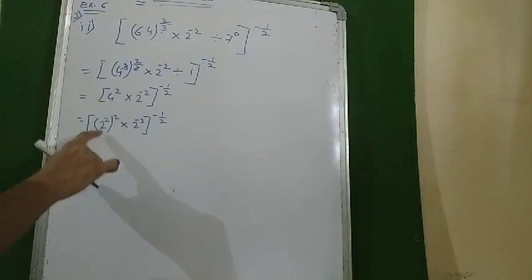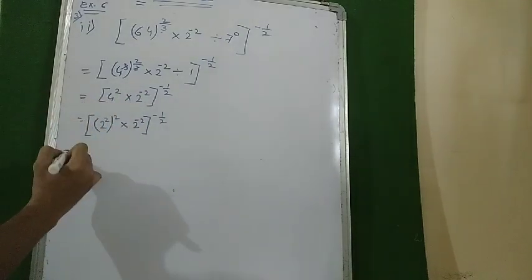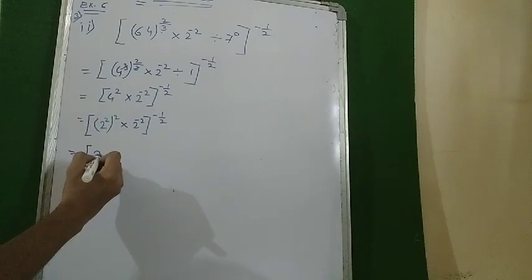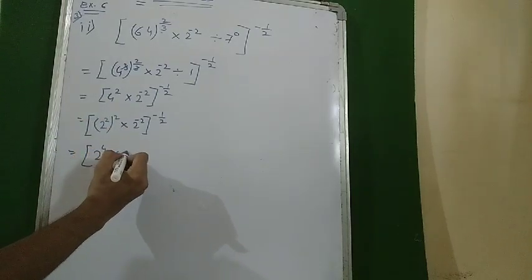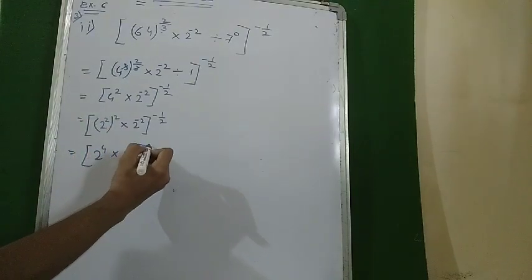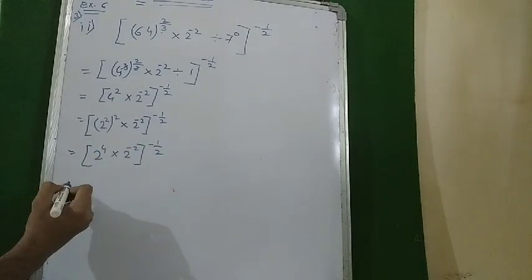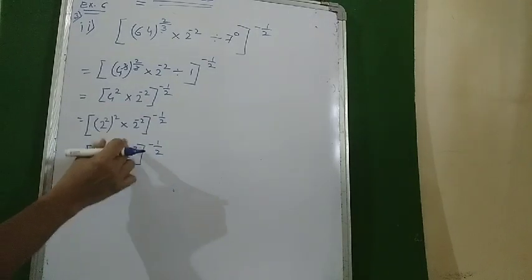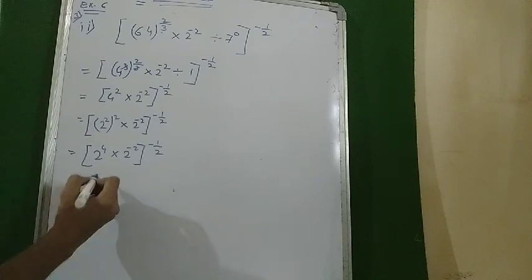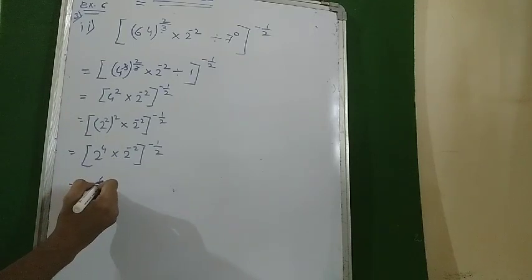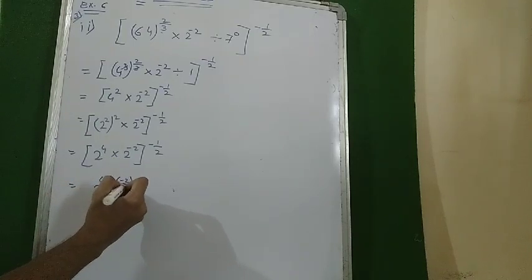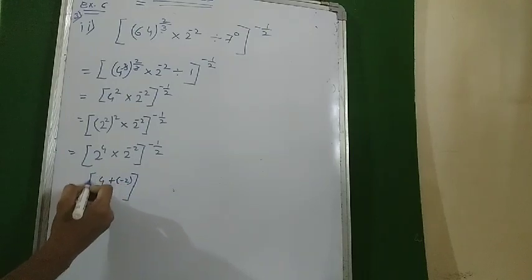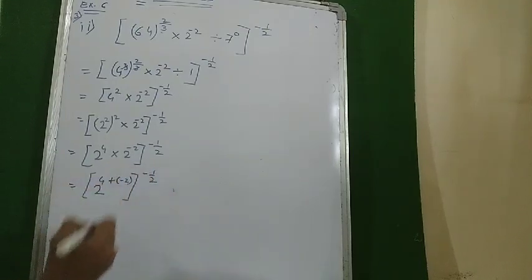Okay, so 4 is written as 2 raised to 2, this 2 as it is. So now the answer is 2 raised to 4 multiply by 2 raised to minus 2, whole raised to 1 upon 2. Now the bases are same, so we can add the indices. So we have multiplication, so 4 plus minus 2 whole raised to 1 upon 2.